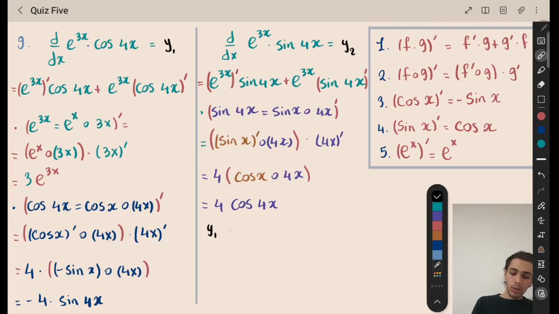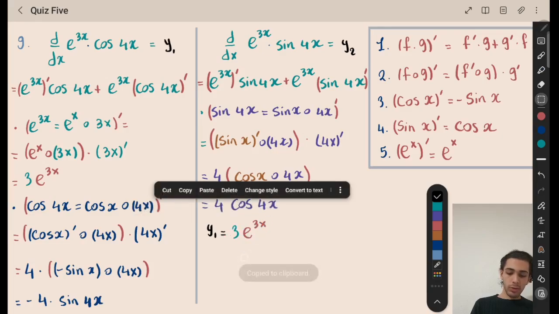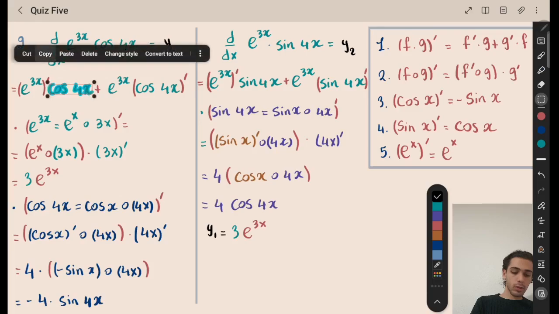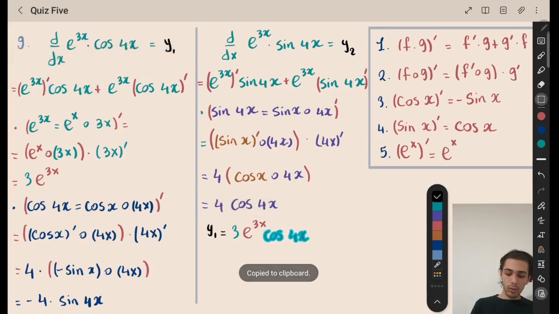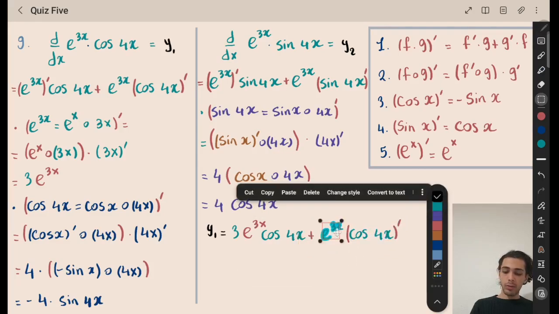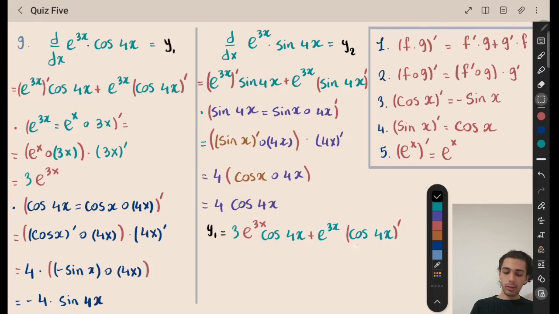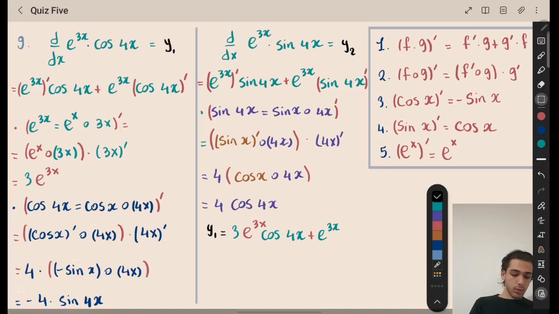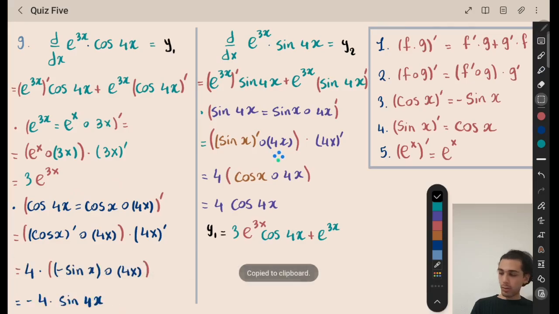So y1 would be equal to, just by plugging in, 3e to the 3x here, times cosine of 4x, plus e to the 3x times the derivative of this cosine 4x. But the derivative of this cosine 4x is minus 4 sine of 4x.